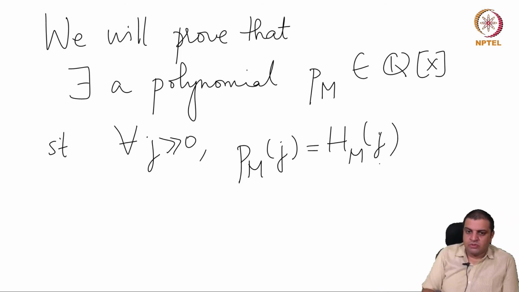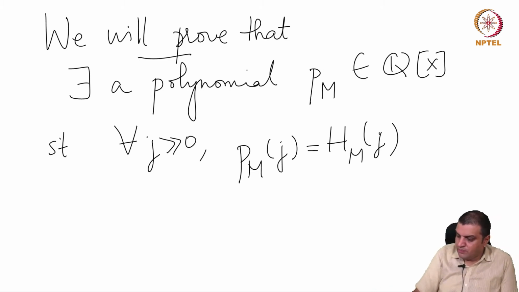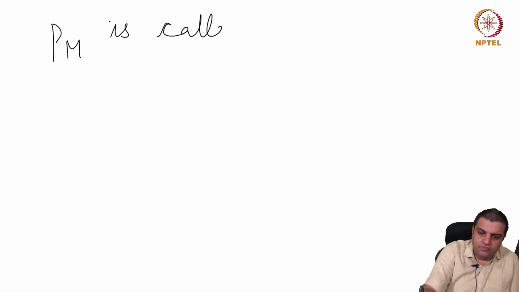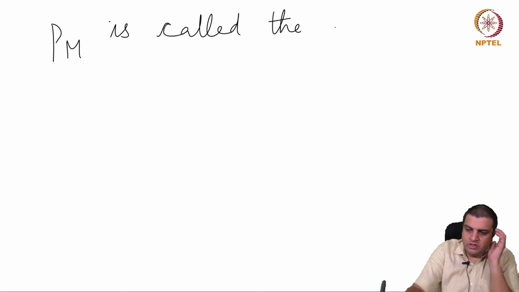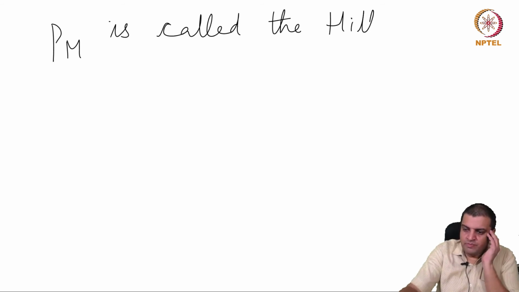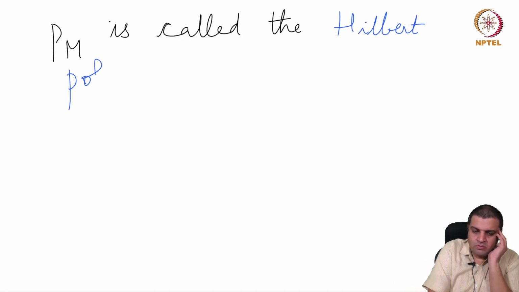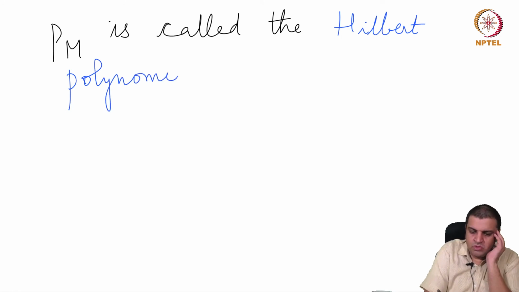So this is what we want to prove. So we will prove this statement. The polynomial P_M is called the Hilbert polynomial of M.